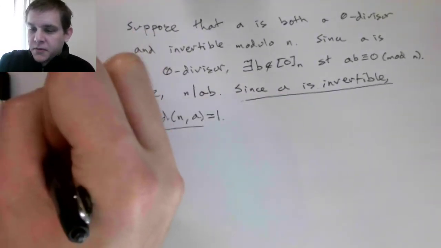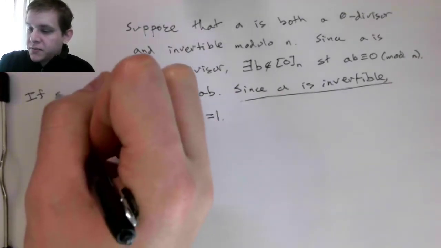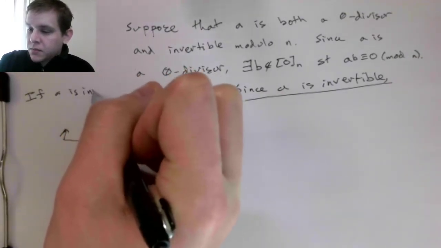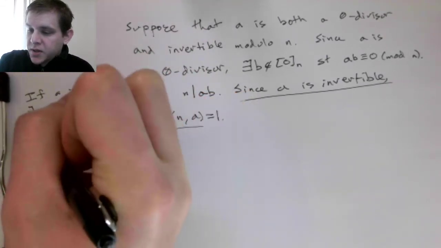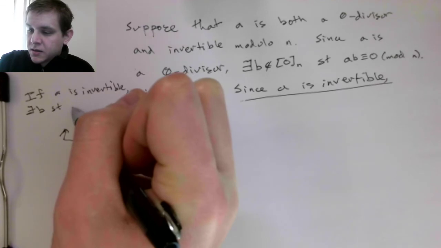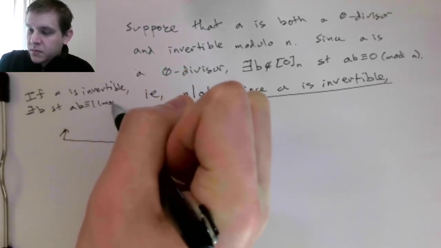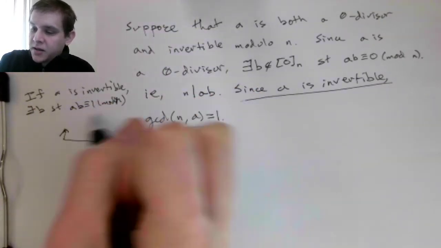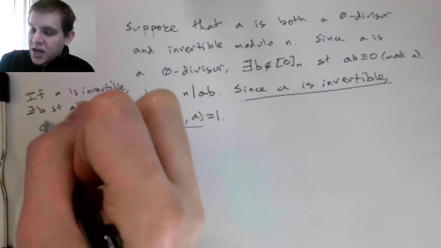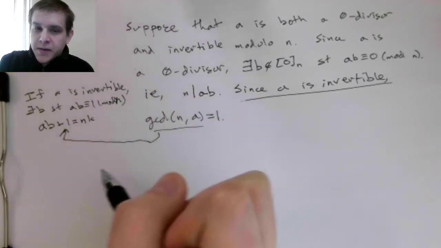If A is invertible, there exists B such that AB is congruent to 1 mod n. But then if I unpack this, this means that AB plus 1 is equal to n times k for some k.